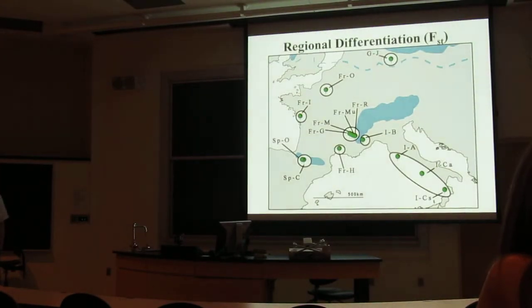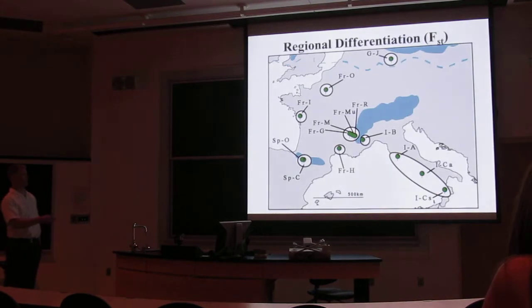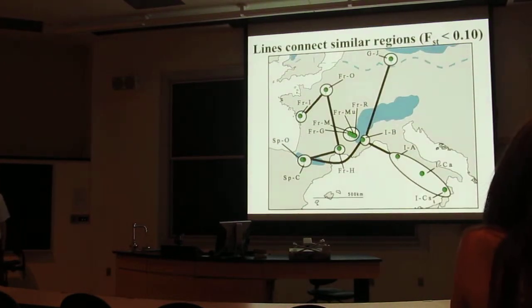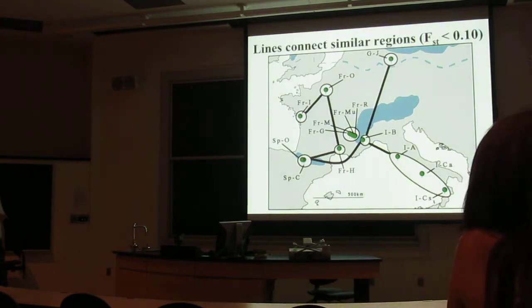To calculate differentiation, what I first did was some preliminary analyses between all populations, and those suggested that I could group these populations based on regions, because all of these populations were very similar with each other. I then did a regional differentiation comparison, and here I'm showing populations or regions connected by lines.